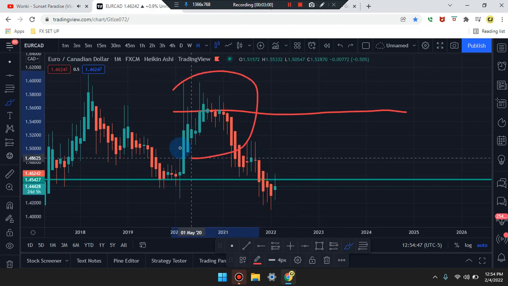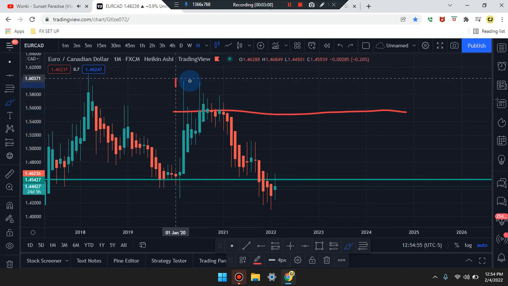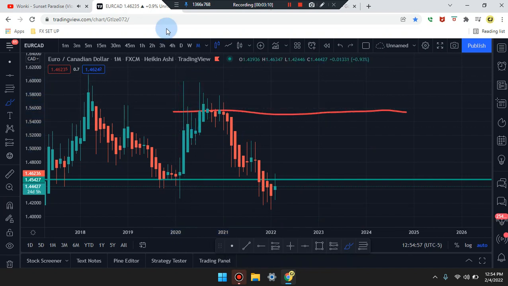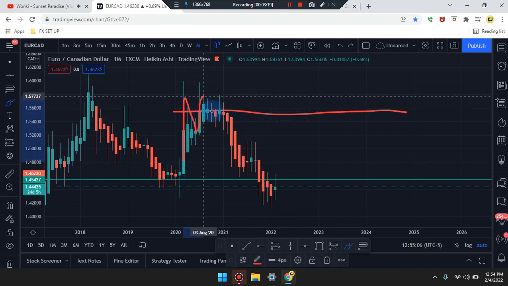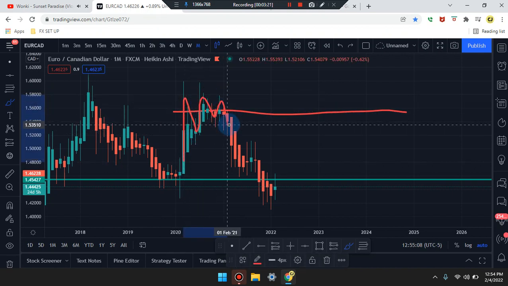At this area, we did identify with the red and greens a double top, but as we walk down the time frame, it may just be a triple top or maybe a quadruple top, just because of this area here with these wicks. As we walk down the time frame to the weekly time frame, we may identify this, which will be the first leg, second leg, third leg, fourth leg, retest, market push down.